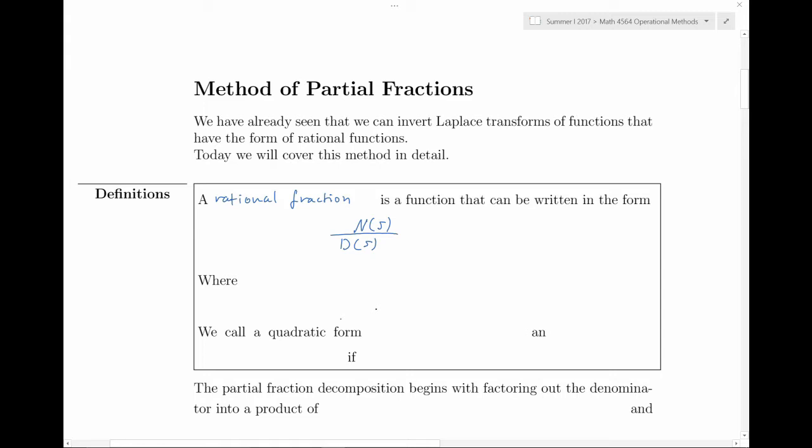It is important to require that the polynomial on the top has a degree strictly smaller than the polynomial on the bottom.